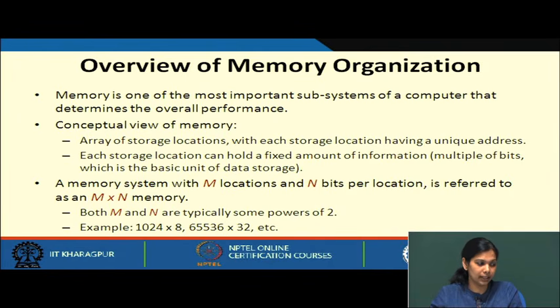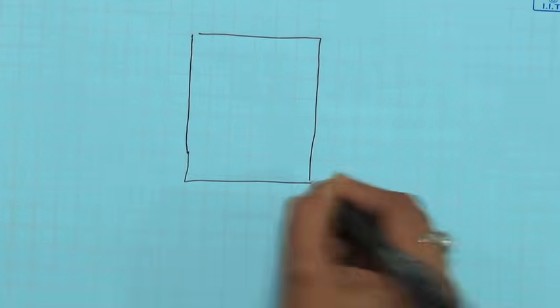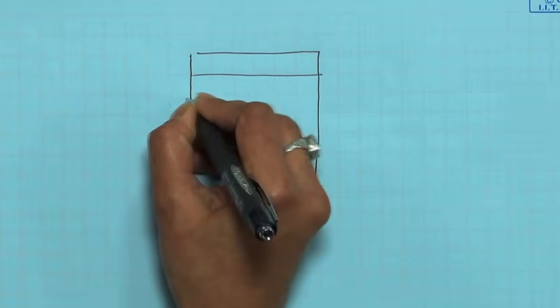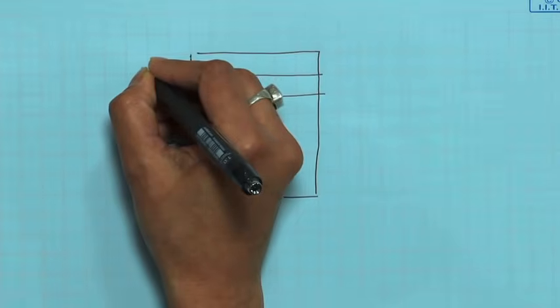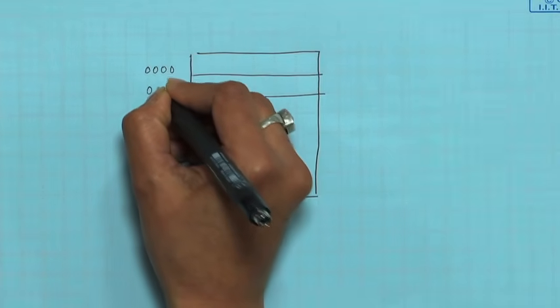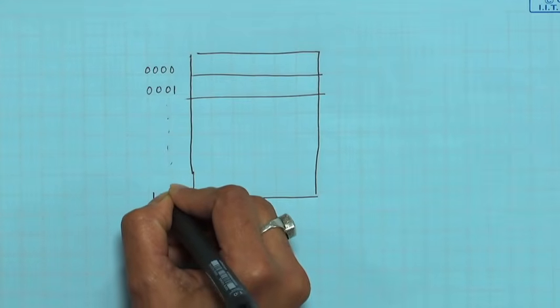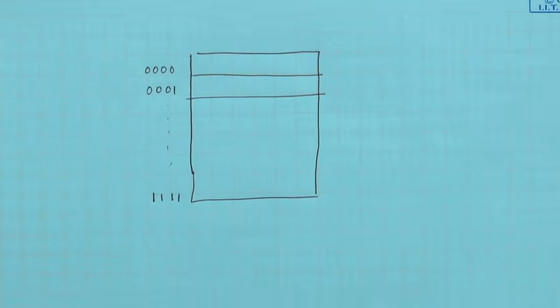So, the conceptual view of memory is an array of storage locations, with each storage location having a unique address. So, it is an array of memory locations. We have the first location as 0000, the next location as 0001 and so on. Maybe the last location is 1111.